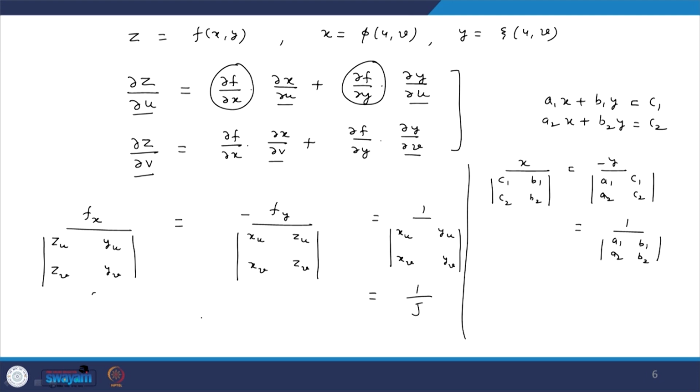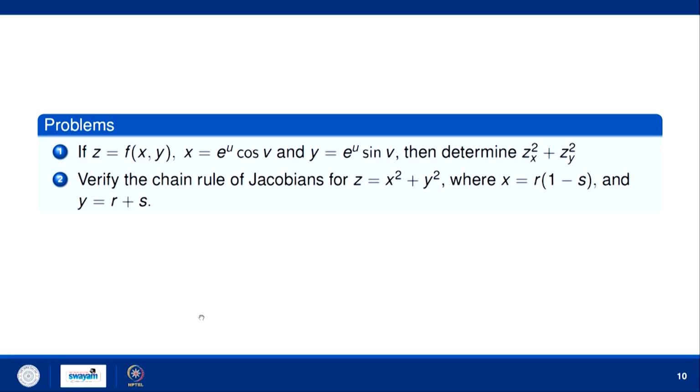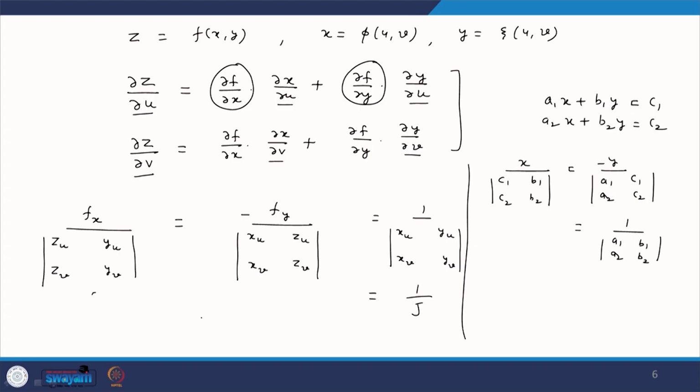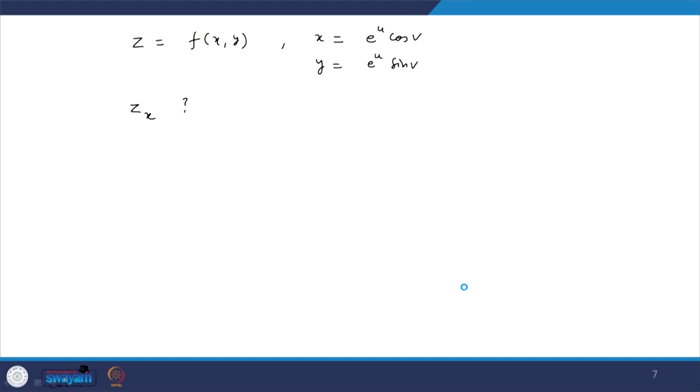So first you find the Jacobian J, which is del(x,y) upon del(u,v), the determinant of del x by del u, del x by del v, del y by del u, del y by del v.